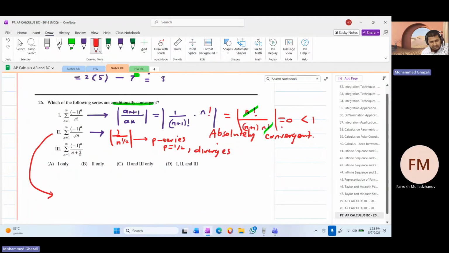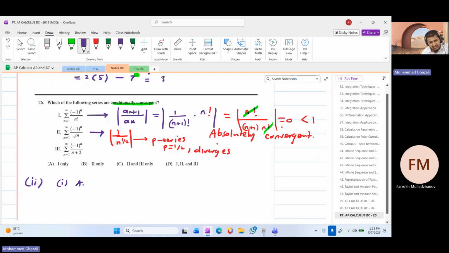If you take the absolute of an, let's look for the alternating series test, because you see that it's alternating. If we can find convergence using the alternating series test, then we'll know whether it's conditionally convergent. Conditional convergence means the series eventually converges even though the absolute series diverges. So the first condition is that it's an alternating series.